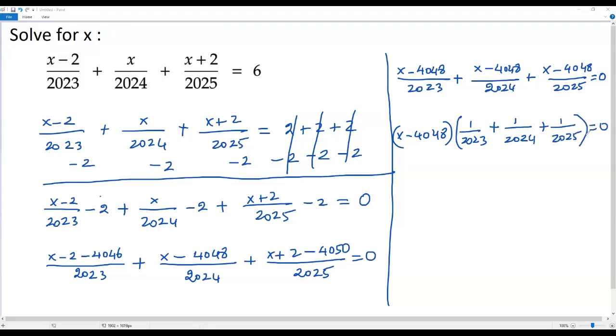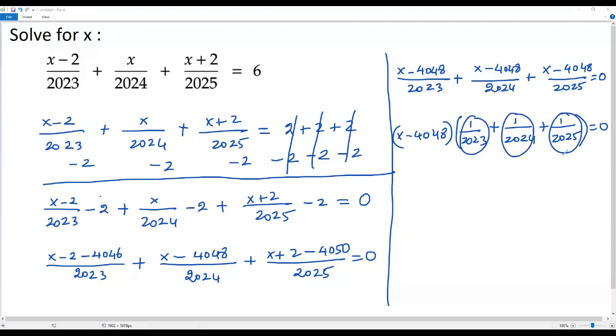Here, the product of this one and this one equals 0. Whenever the product of two values is equal to 0, either the first value can be 0, or the second value can be 0, or both can be 0. But here, I'm pretty sure the second value cannot be 0, because this is a positive value, this is a positive value, and this is a positive value. I'm adding three positive values.